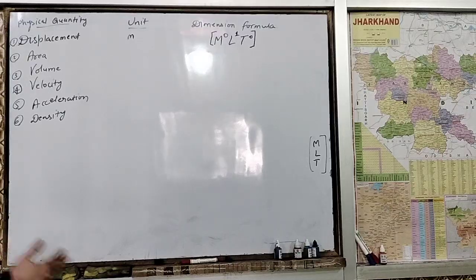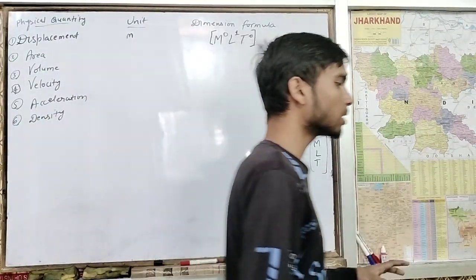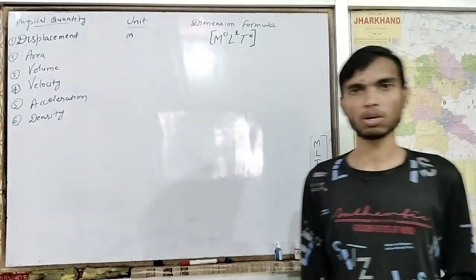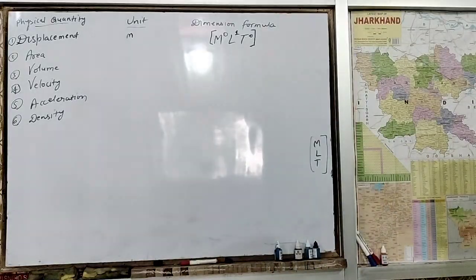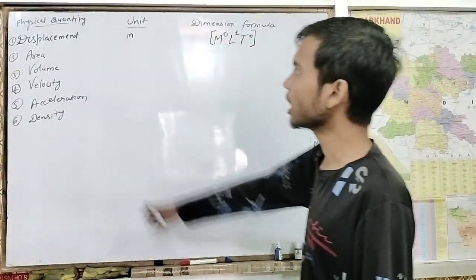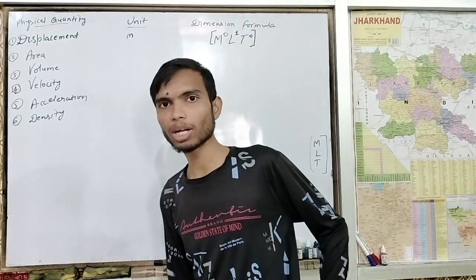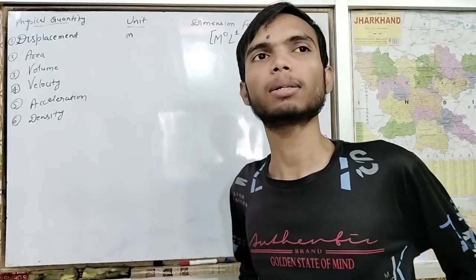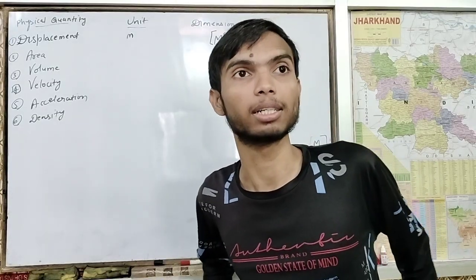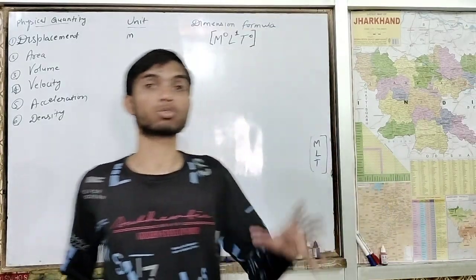First of all, you will have a physical quantity, then write the units of that physical quantity, then you will be able to create a dimensional formula for it. Next we have area. What is the unit of area? Meter square.